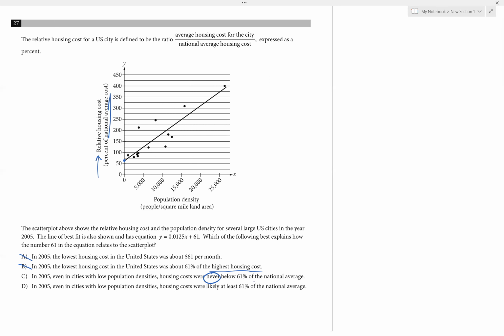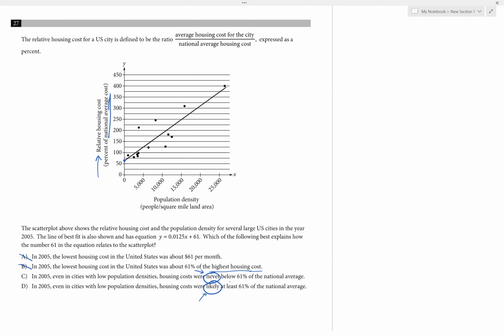D says even in cities with low densities, housing costs were likely at least 61%. They're pretty much saying the same thing, except C says it's never below 61%, and D says it's likely at least 61%. So you see here, C is more absolute.